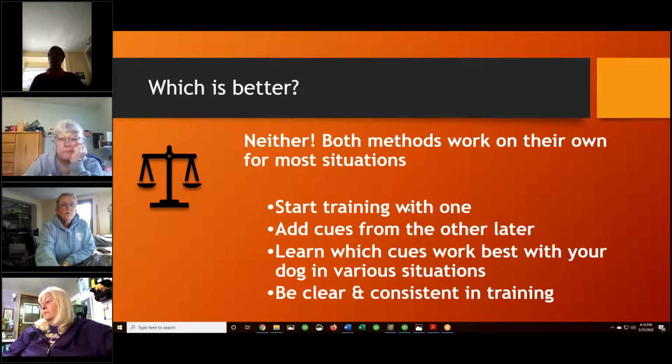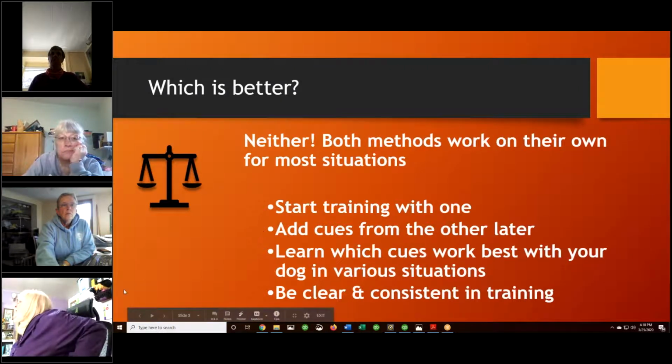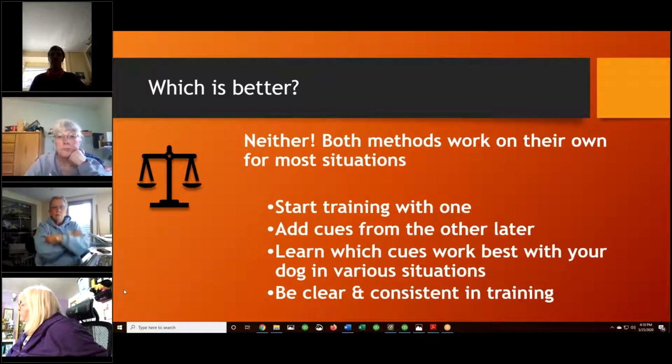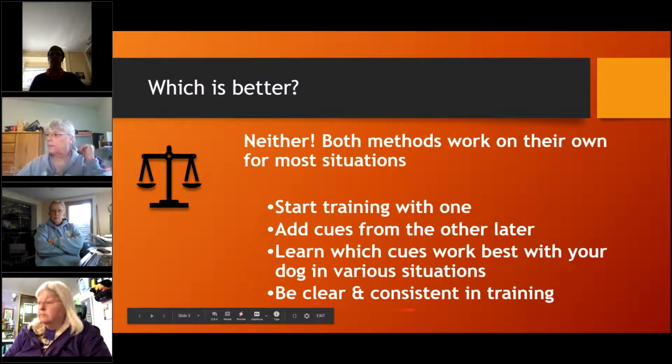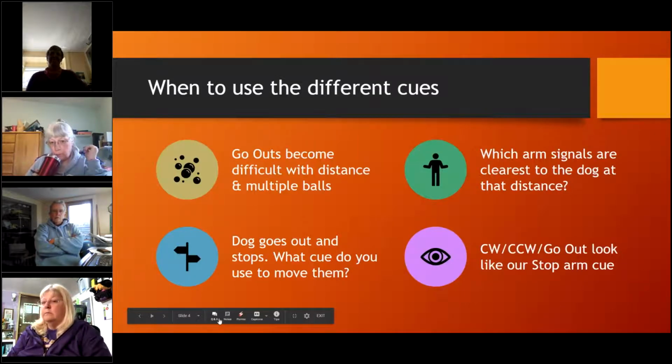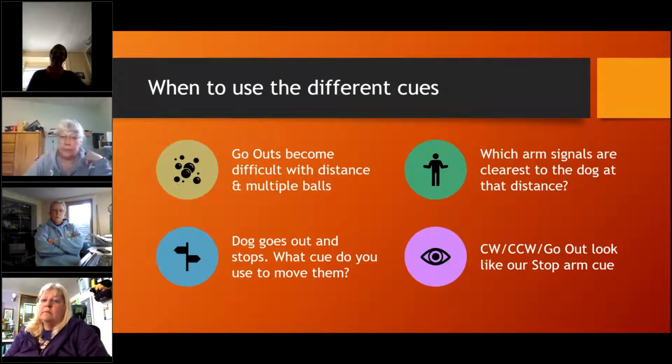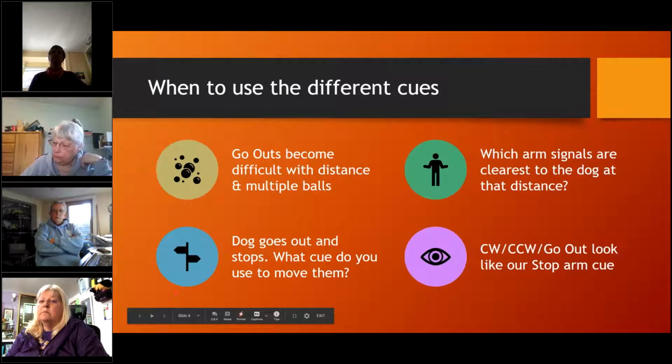But down the road, I maybe need to work on making this cue a little clearer. And so a real important thing is to just be very clear and consistent in your training. One of the things I try to encourage people to do, and I do it myself, is write down all my cues, including what the words are, what my hand motions are, and what each one means.